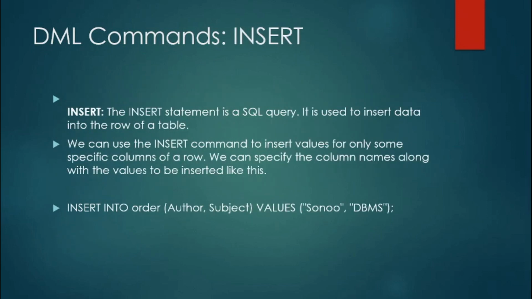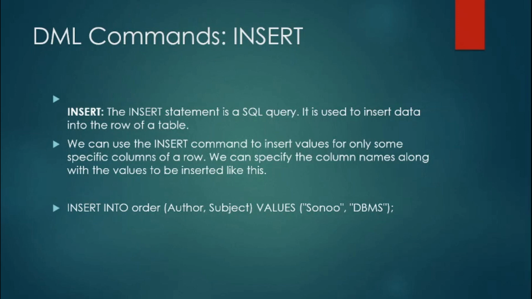First is the insert command. It is generally used to insert a particular row or a particular value in the table of a database. These DML commands are not auto committed, so you have the chance to roll back the changes.